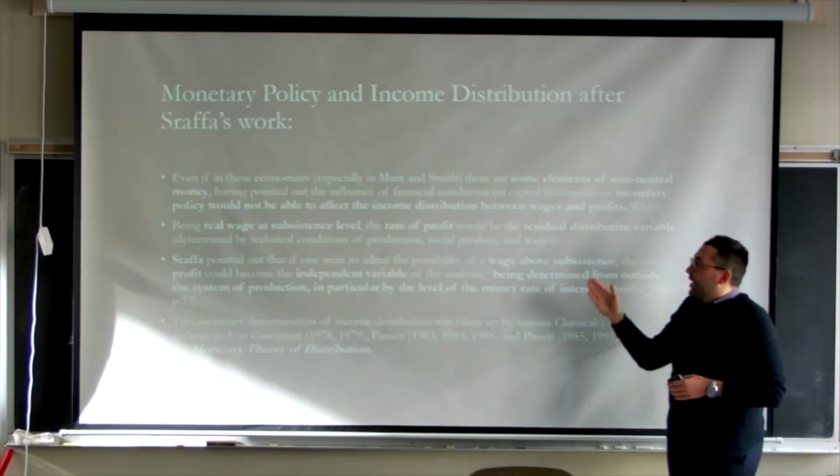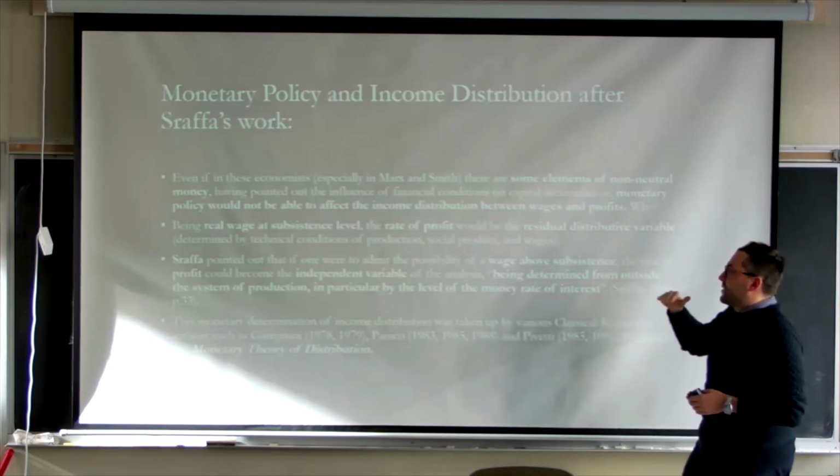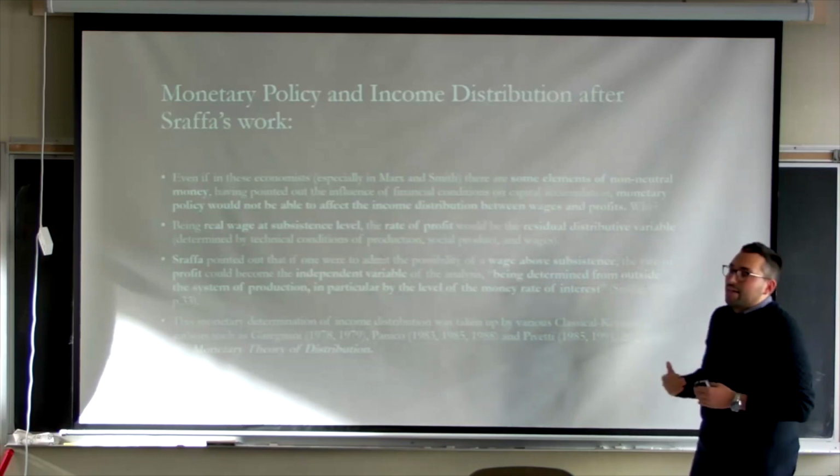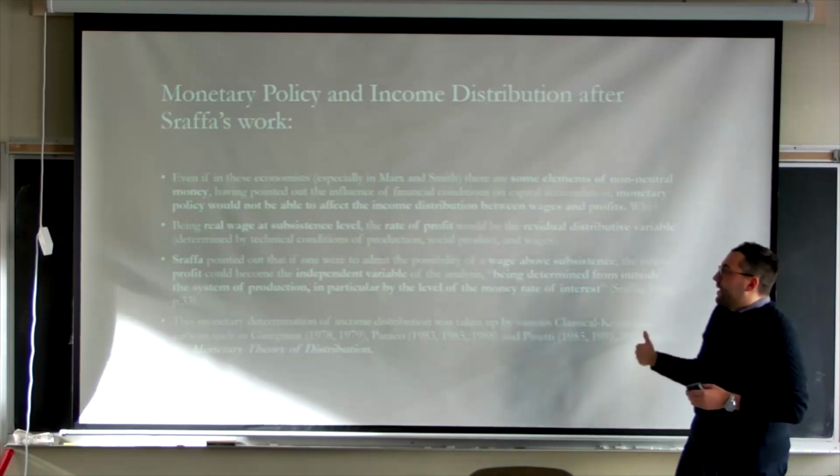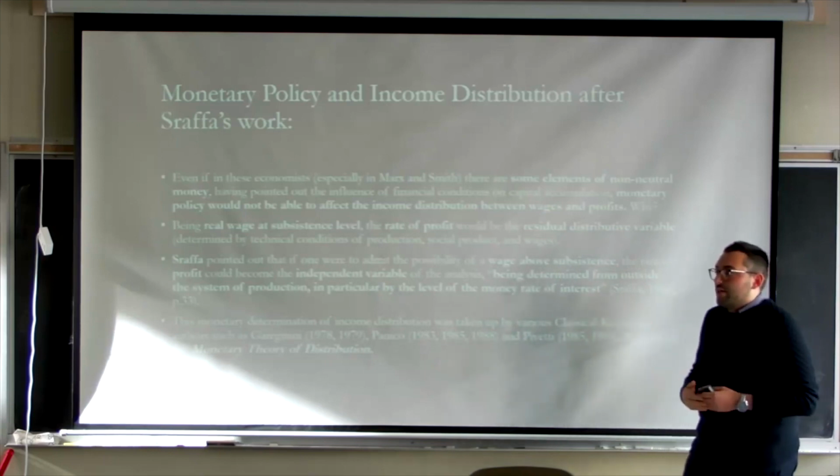Why? Because real wages are given at a subsistence level, and the rate of profit is the residual variable in this theory, determined by the technical conditions of production, the social product, and wages.